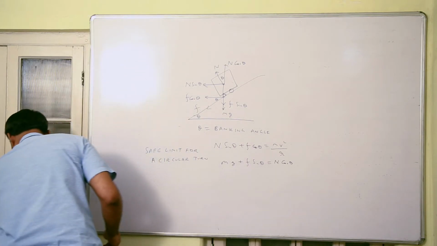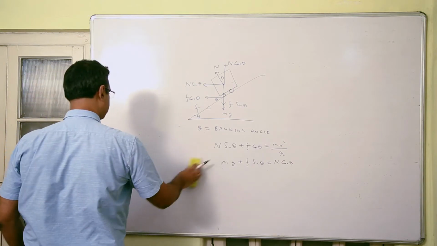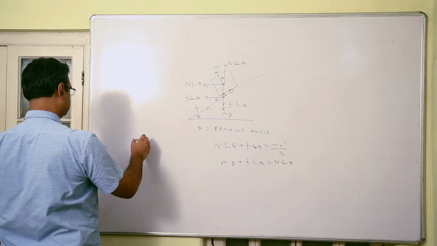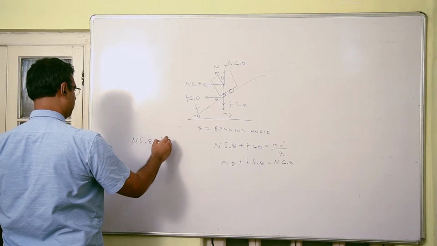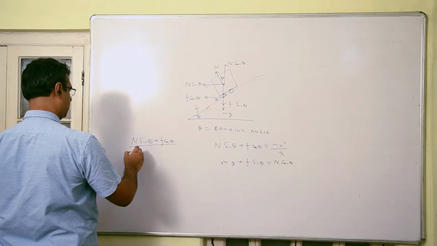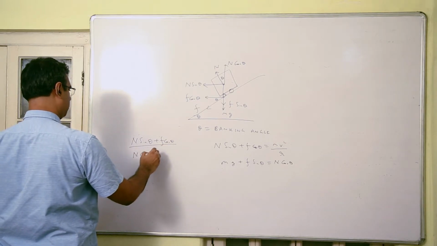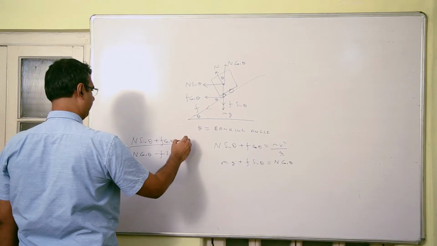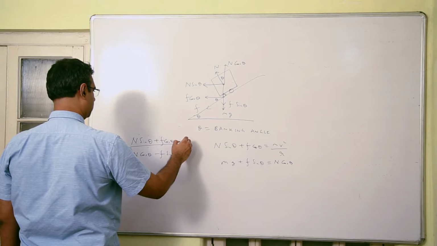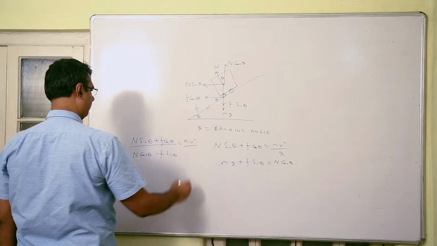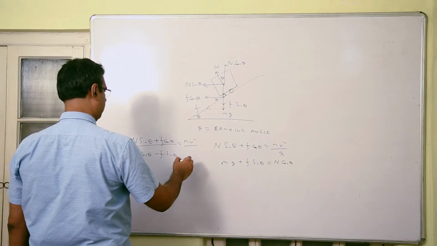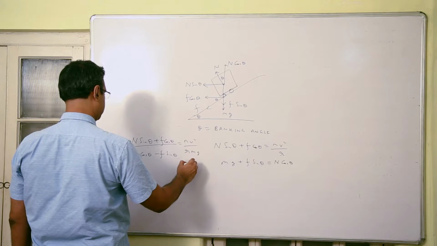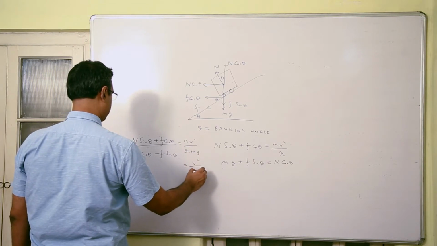Now suppose we divide these two equations. This is what we will get: N sin theta plus f cos theta by N cos theta minus f sin theta is equal to mv square by r mg, which is basically v square by rg.